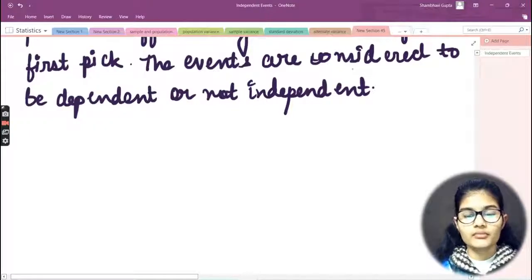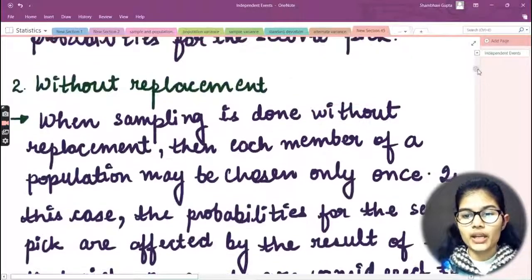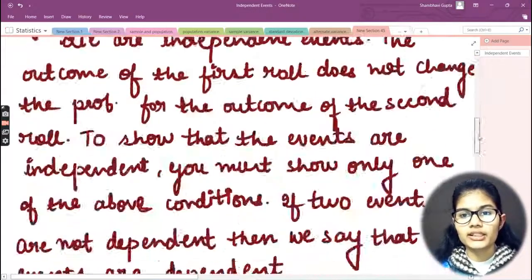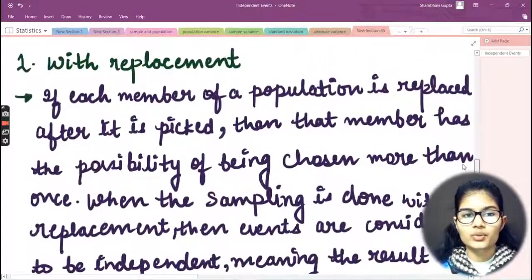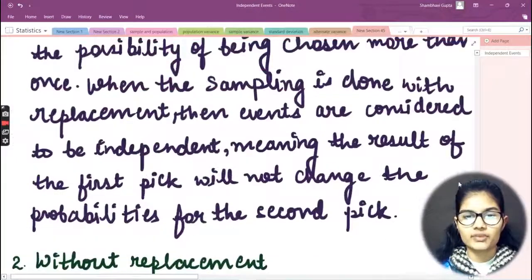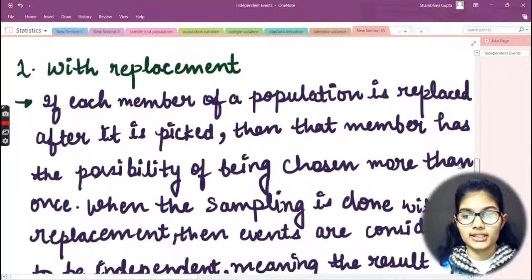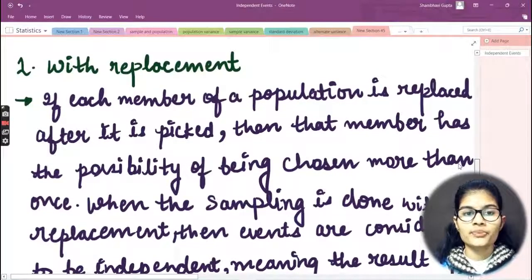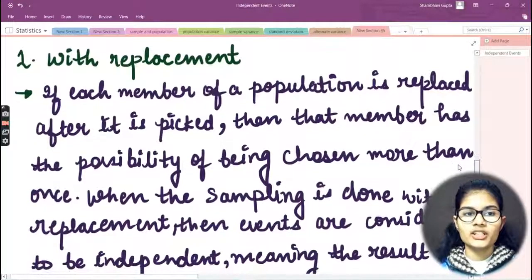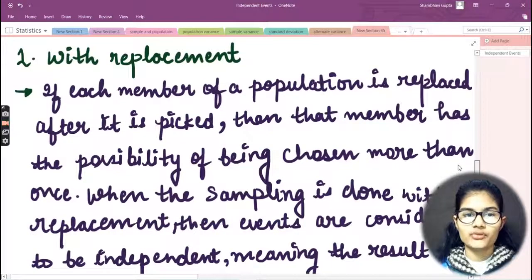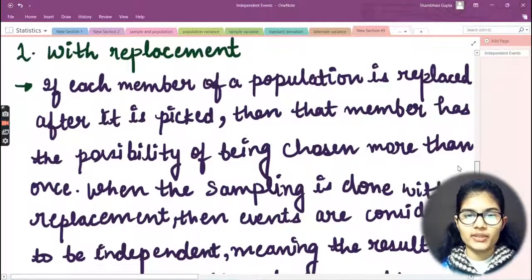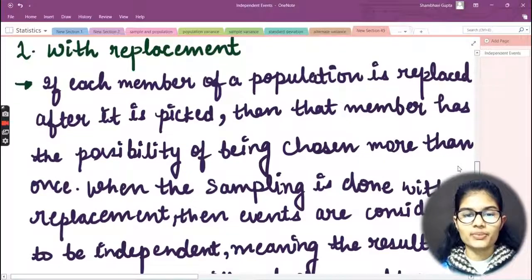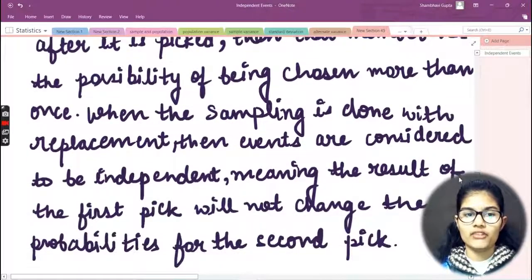Right, so for the sampling we had two things, with replacement and without replacement. Let's get a clear idea of both. With replacement: if each member of a population is replaced after it is picked, then that member has the possibility of being chosen more than once.